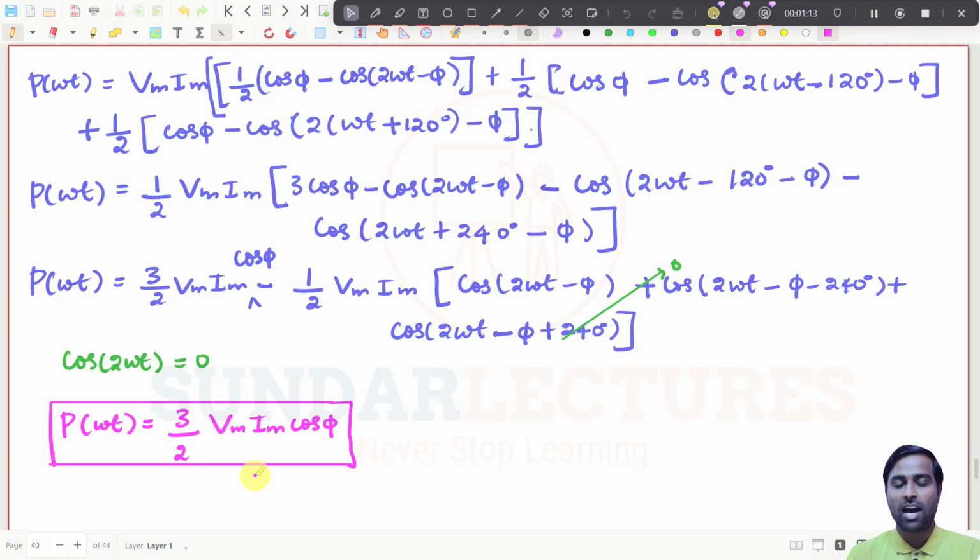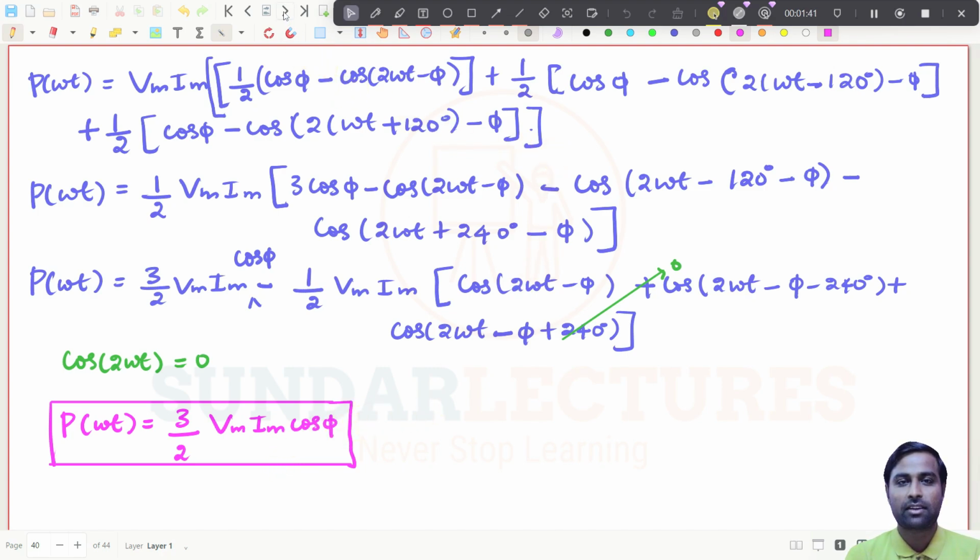In three phase, at any instant you measure the power, you will get a constant value. Unlike in single phase AC, where you will not get only a constant value. You will get another term with this, which we always call reactive power. But here you will obviously get only the constant power.